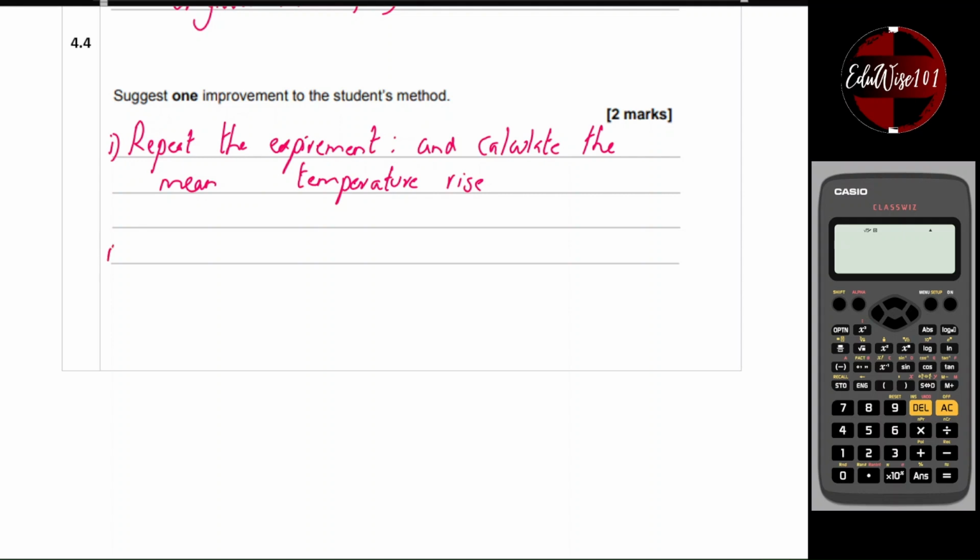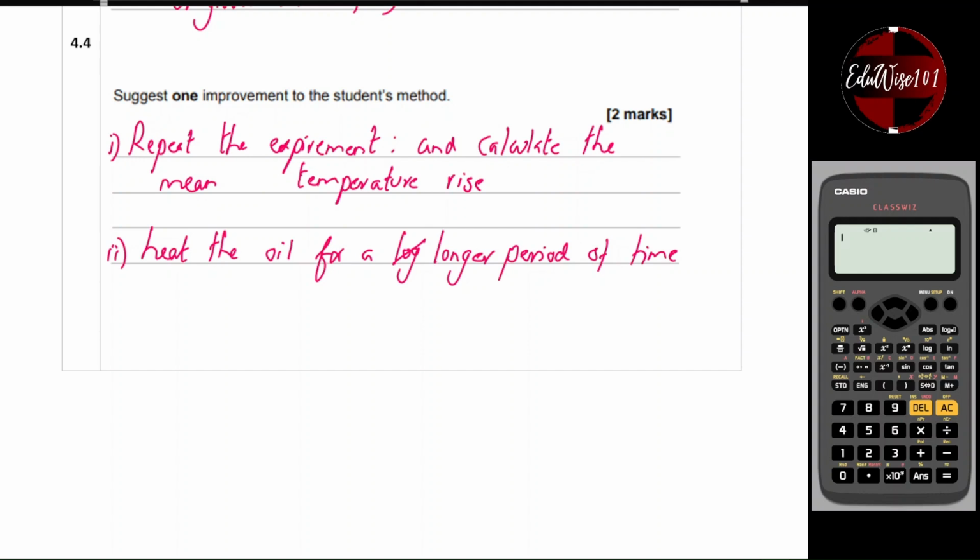Or you could say heat the oil for a longer period of time.